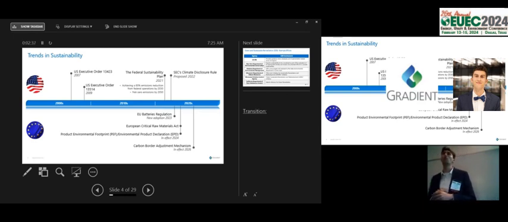There's also new proposed SEC disclosure rules. And then in the EU, our counterparts that tend to be a little more aggressive or progressive on sustainability issues, there's a slew of regulations and acts focused on circularity, life cycle assessments, and having a better understanding of carbon impacts throughout processes and products.